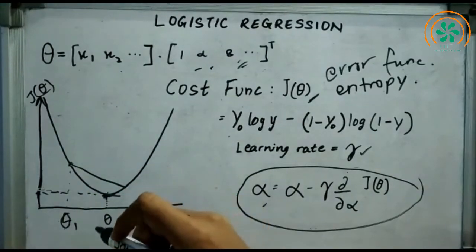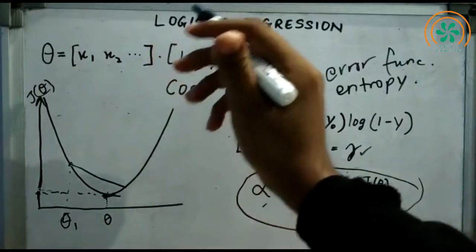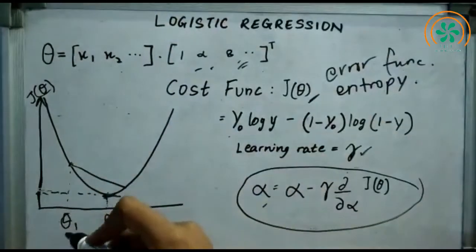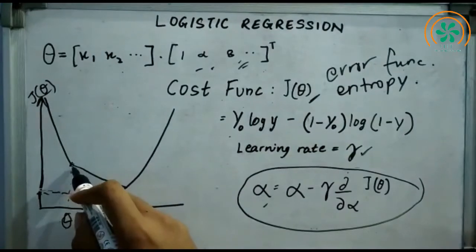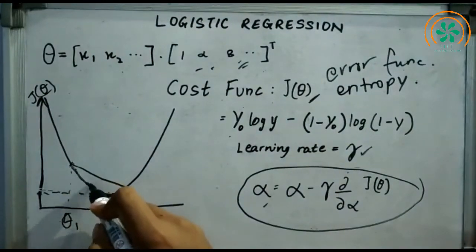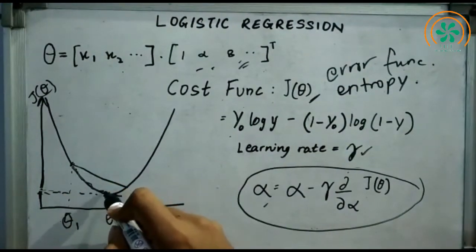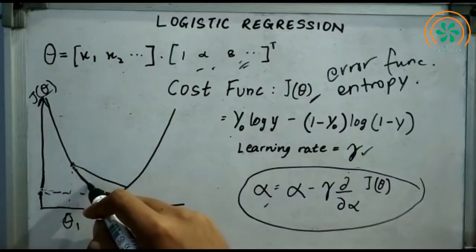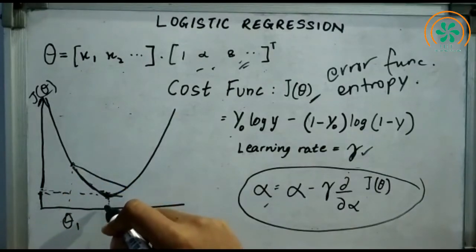If the learning rate gamma is too low, then the accuracy will be very high, no doubt, but the model will take a lot of time to train, going through the entirety of this curve to reach here.